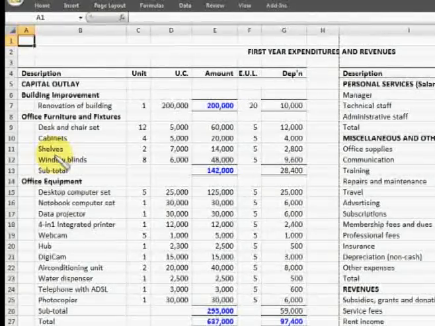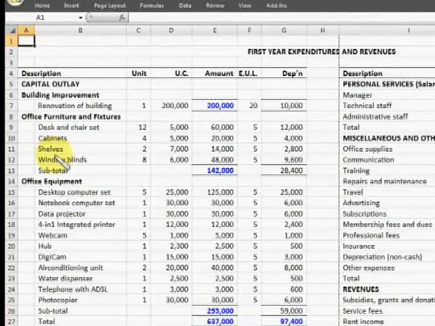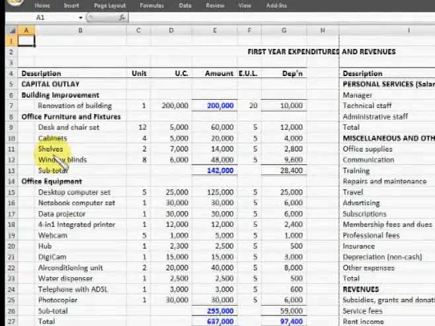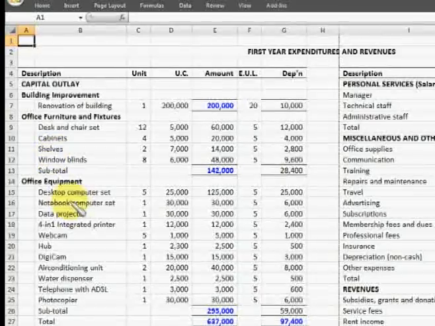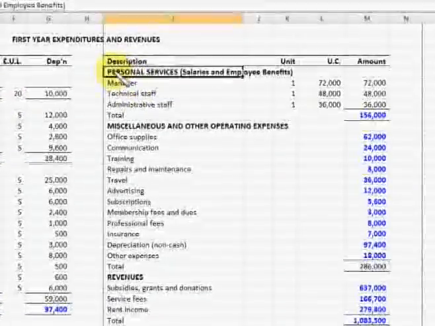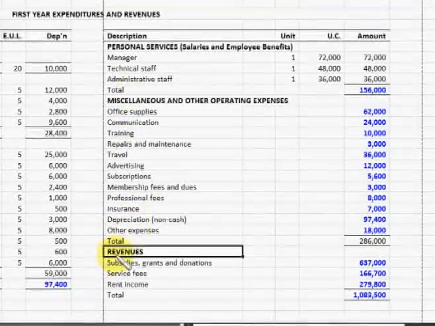And if the CEC is already established and has been in operation for quite some time, the budget that we're going to prepare is the operating budget. But regardless of the type of budget that we prepare, the components are quite the same. Just like in this case, we have capital outlay, personal services, miscellaneous and other operating expenses, and revenues.